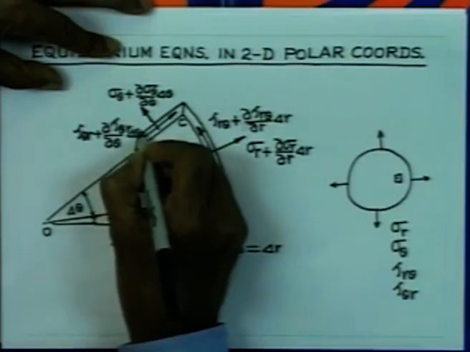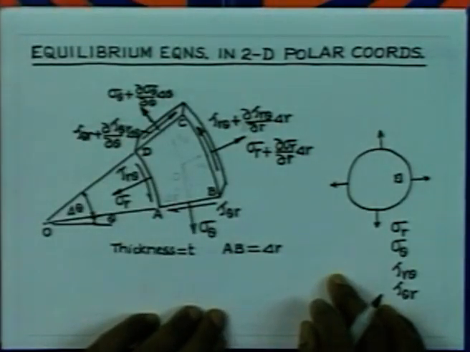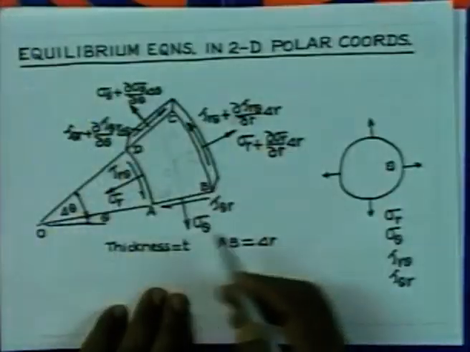So, that is the stress tau theta r plus delta tau theta r by delta theta into delta theta.